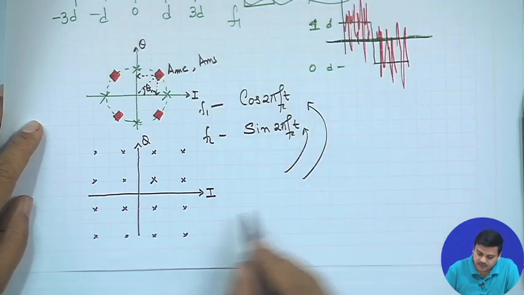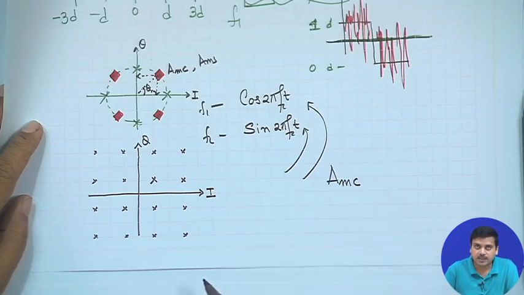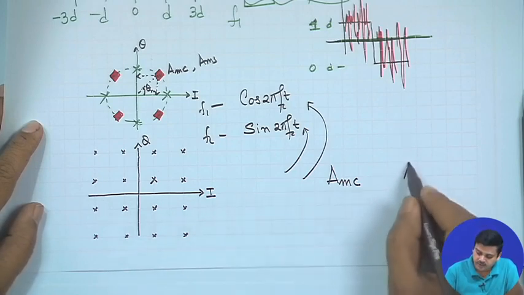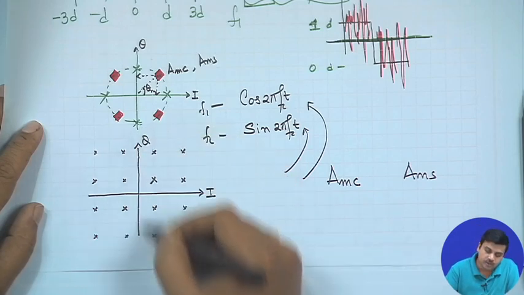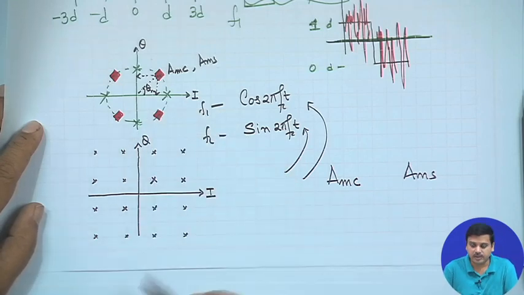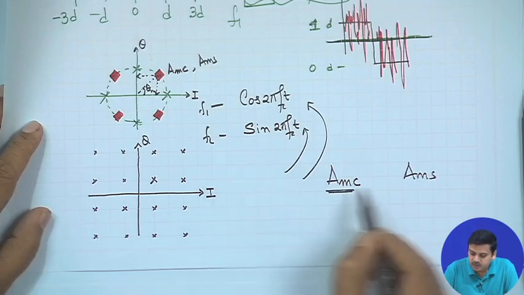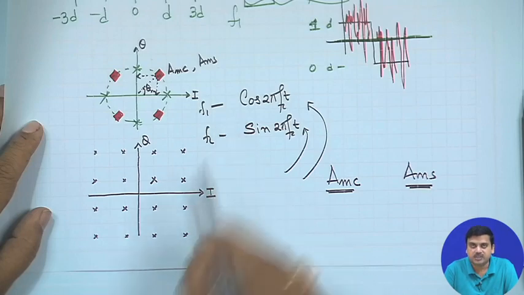In this case we had A_mc as the amplitude for the basis function along the I dimension, and A_ms as the amplitude for the basis function along the Q dimension, that of the sine. And we said that these were the components of the original signal on the two basis functions.